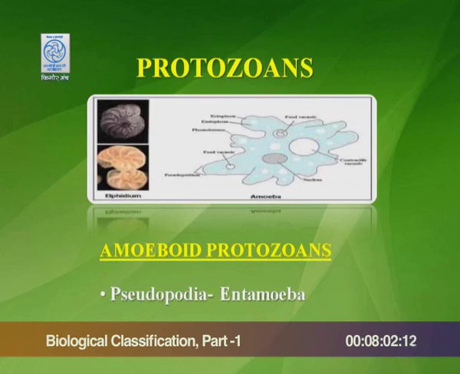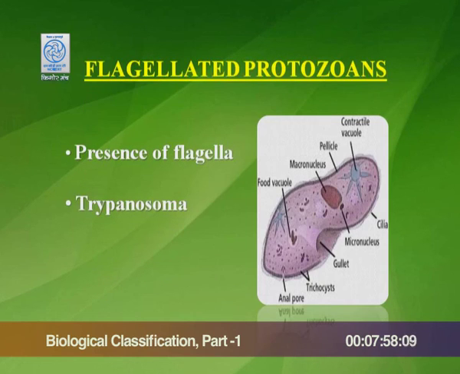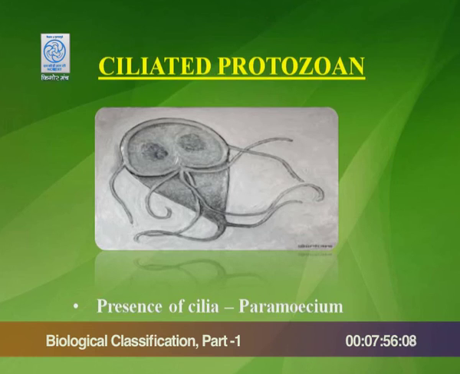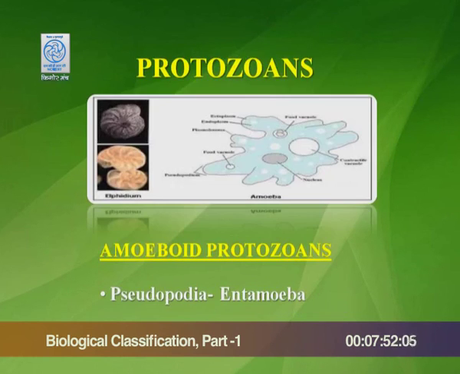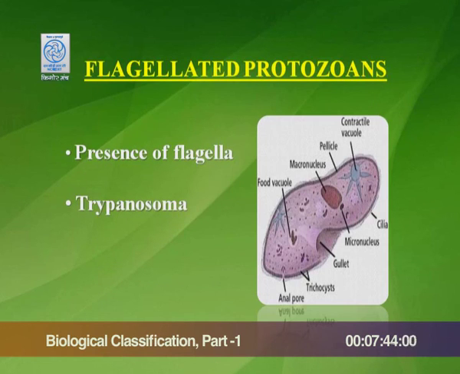Protozoans. The protozoans may be amoeboid protozoans, flagellated protozoans, ciliated protozoans and sporozoans. The amoeboid protozoans have pseudopodia with the help of which they carry out their locomotion. Flagellated protozoans have flagella, example Trypanosoma.